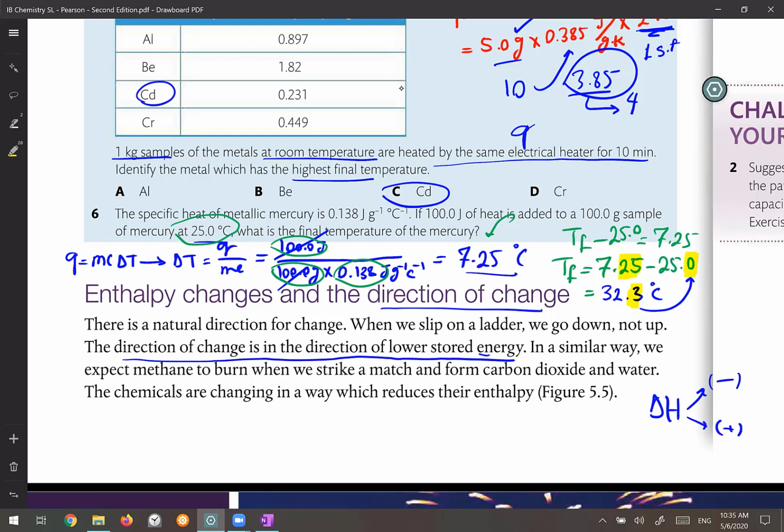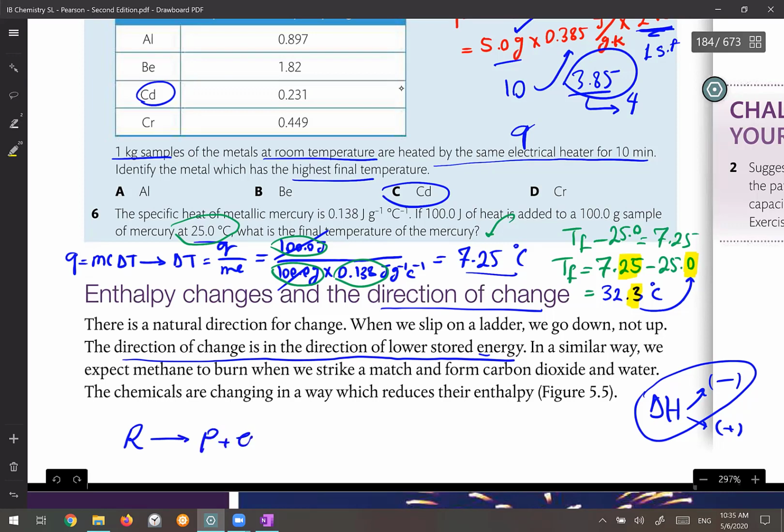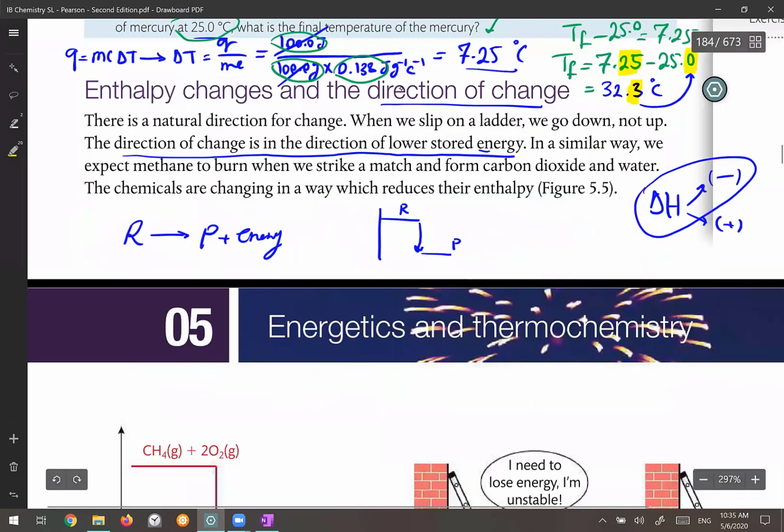Direction of the lower stored energy means exothermic reaction, because in the exothermic reaction you have reactants, they are converting to the product and they release some energy. So if the energy of the reactant was here, they release some energy and they convert to the product. So the products have lower energy and it becomes more stable. Okay, as it's shown here.